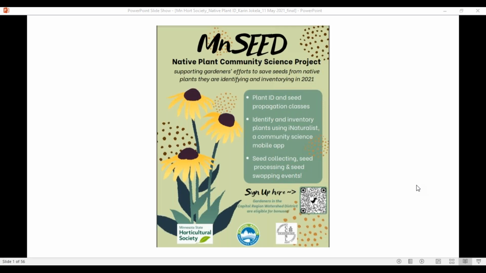We're going to be offering a whole series of seed collection and processing opportunities for later on in the season. So we'll get together in person and collect these seeds. These will also lead to seed cleaning events and seed swaps. And then lastly, we hope we'll have classes around plant propagating using these same seeds.